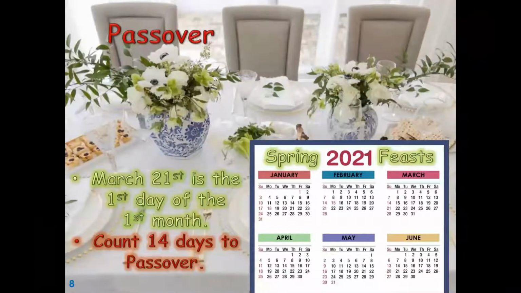And I'm going to wait for someone to tell me what they believe is Passover next year, what date it's going to be. April 3rd is the first suggestion. Is that correct, everybody? Are we all in agreement?